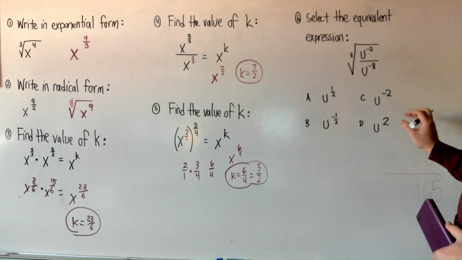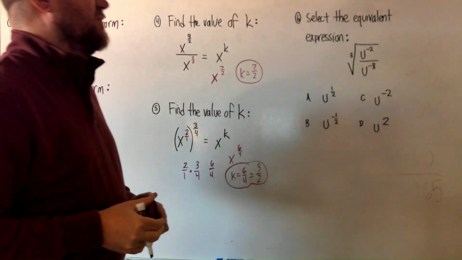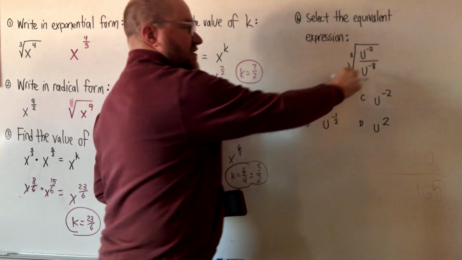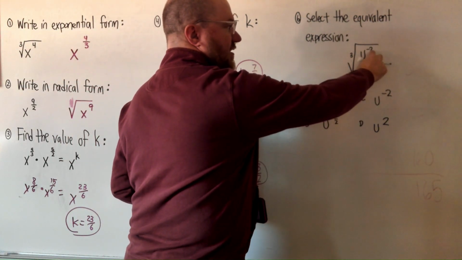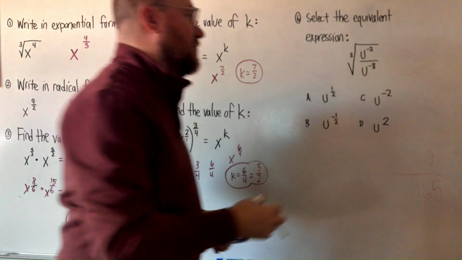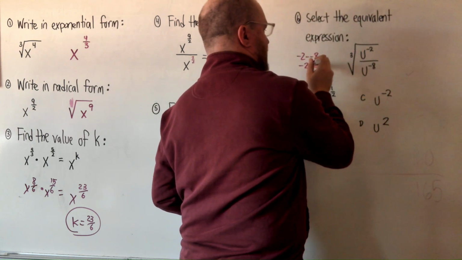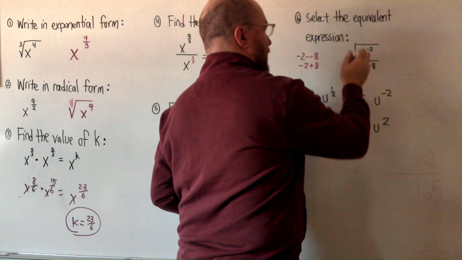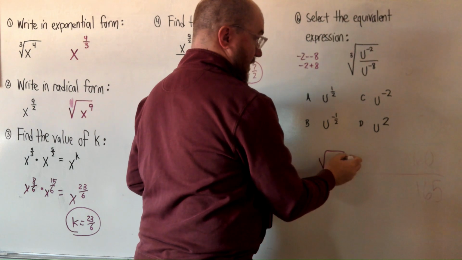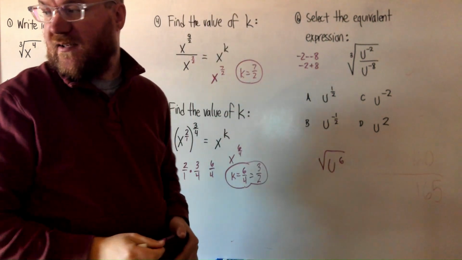And the last example on the board here is number 6. It says select the equivalent expression. So when we're dividing, we subtract exponents. So I'm going to start by doing this problem inside here. -2 minus -8, which is really -2 plus 8. So really inside of this whole square root sign, we have u to the 6th power, right? -2 plus 8 is 6.